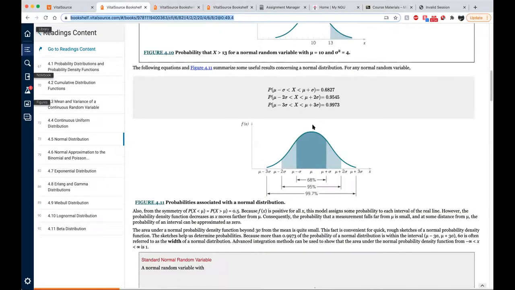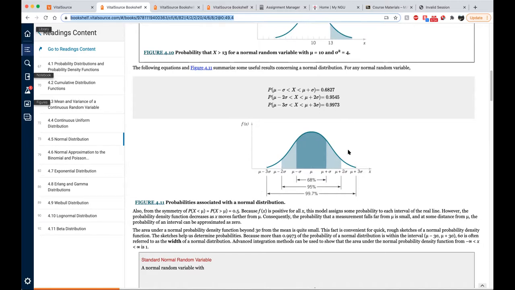Now next, let's see the following figure. Figure 4.11 summarizes some useful results concerning the normal distribution. This is called the range rule of thumb.